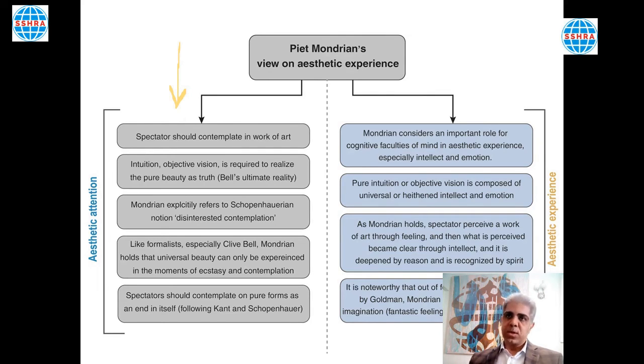Or he explicitly refers to the Schopenhauerian notion of disinterested contemplation. Like formalists, Piet Mondrian holds that universal beauty can only be experienced in the moment of ecstasy and contemplation, and that spectators should contemplate pure forms as an end in itself, following what Kant and Schopenhauer said.